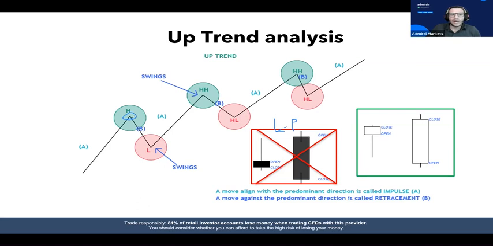I challenge you to backtest this before you have the temptation to start using it. I've done it myself, and I found that the counter trend trades, like the retracement entries, are very low probability trades with all price action.